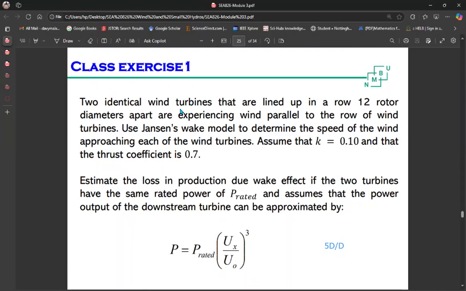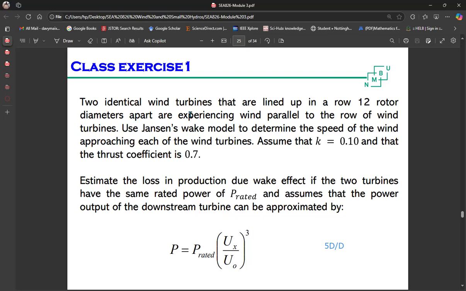And then we are given that we have our K, which is 0.1, and the thrust coefficient CT is equal to 0.7. And then we are going to use the Jansen wake model to determine the speed of wind approaching each of the turbines. Now you'll notice that these two turbines are parallel to the direction of the wind.